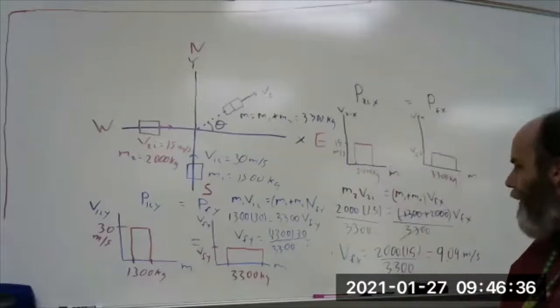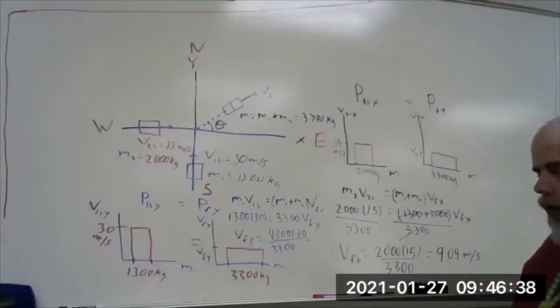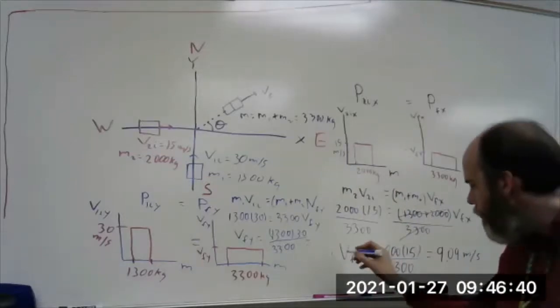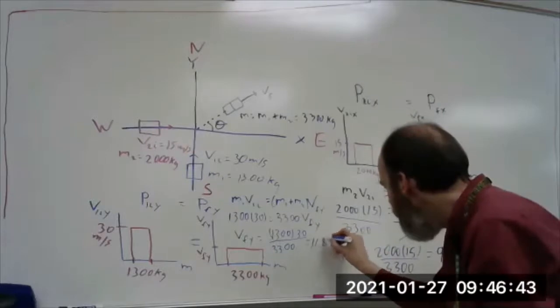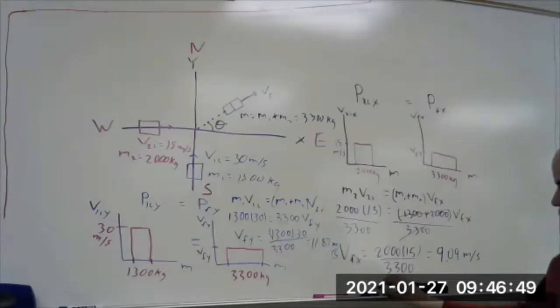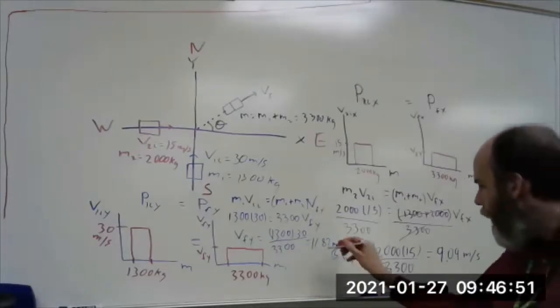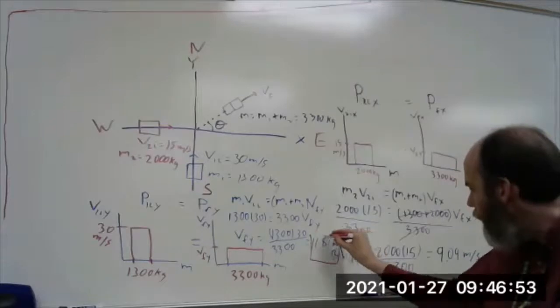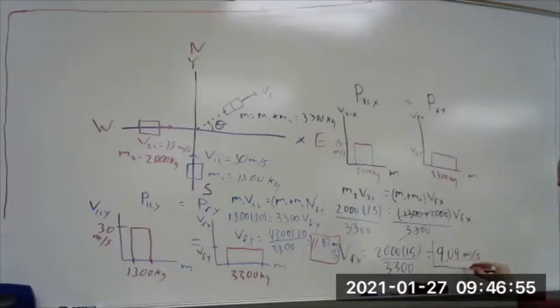And that is going to be 11.82 meters per second. So that's our answer for V final y. This is V final x. So that is the answer to B and to C.